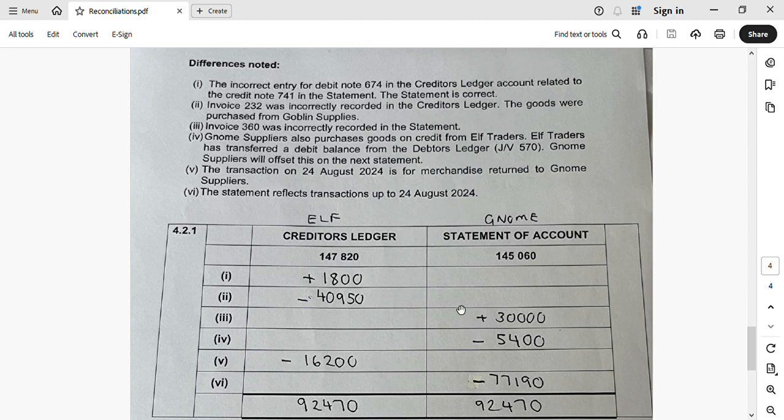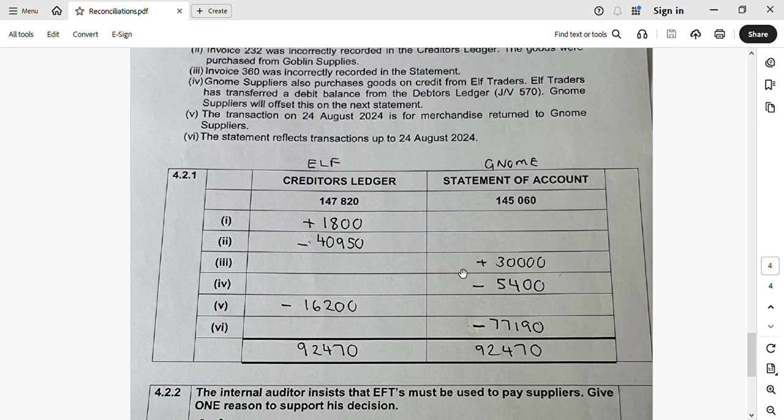Gnome Suppliers also purchased goods on credit from Elf Traders. Elf Traders has transferred a debit balance from the debtors ledger, and Gnome Suppliers will offset this on the next statement. What happens here is, instead of us paying them and them paying us, the smaller balance gets transferred and offset against the larger amount that's owed. So we decrease what we owed to them, because we need to show that we owe them less money.